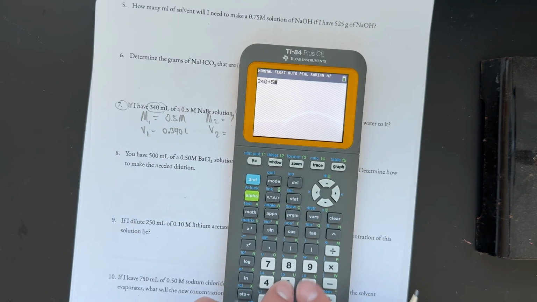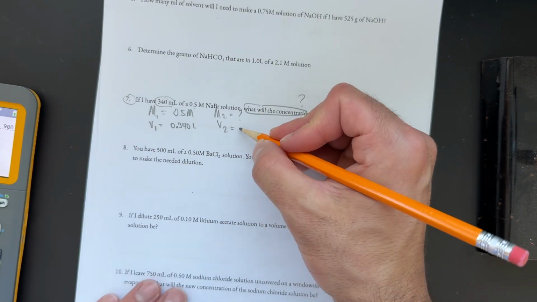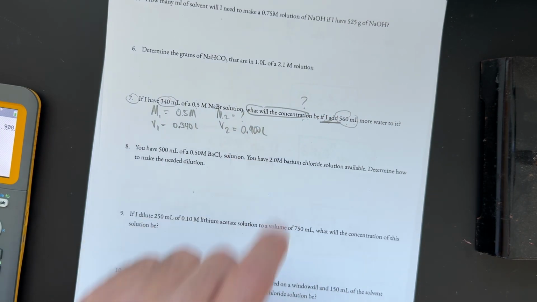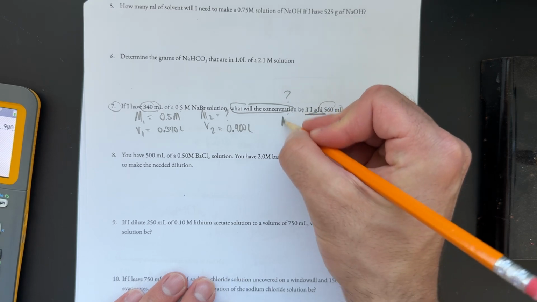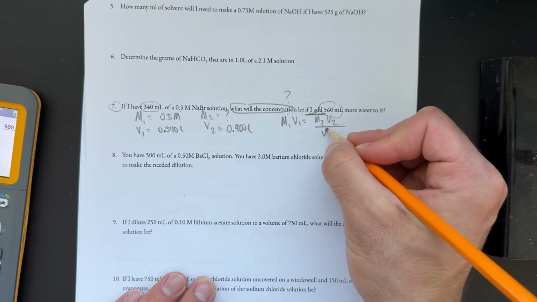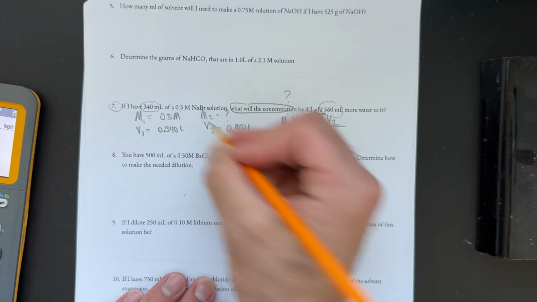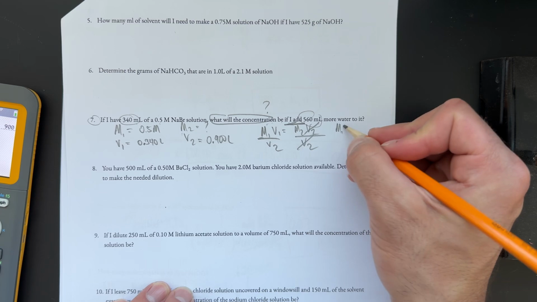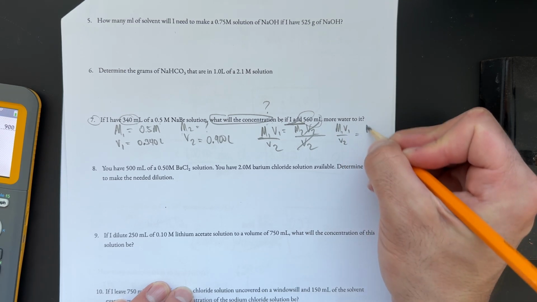So 340 plus 560, at the end we're going to have 900 milliliters or 0.900 liters. Cool, so M1V1 is equal to M2V2. Solving for M2, because that's what we're trying to get, M1V1 divided by V2 is equal to M2.